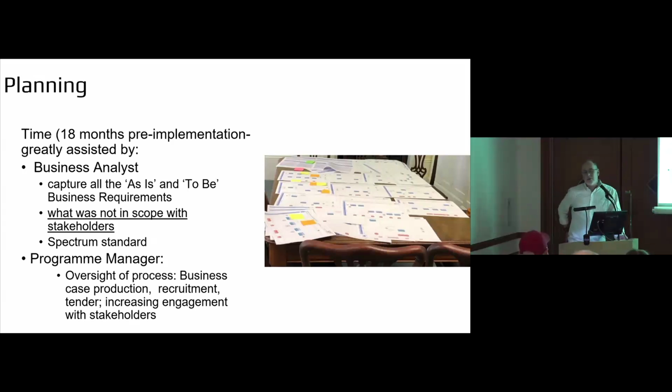Actually, it probably took longer, because we did a bit of planning before the 18 months. But we got there, and the process was assisted by starting early and getting in specialists like business analysts and program managers. It's not just getting them in, it's embedding them in the team so they become part of the staff.